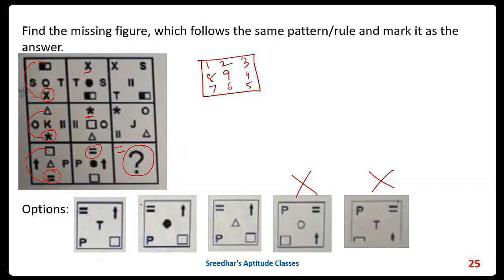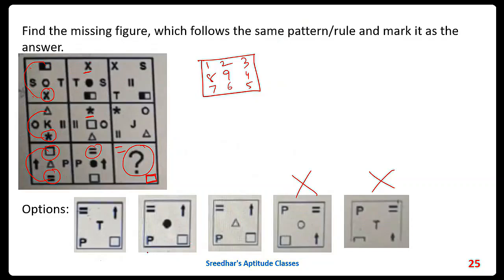Again, among those three, if I go by this square, which is shifted 4 places clockwise and then one place anti-clockwise, the square should be here. So the others are eliminated.